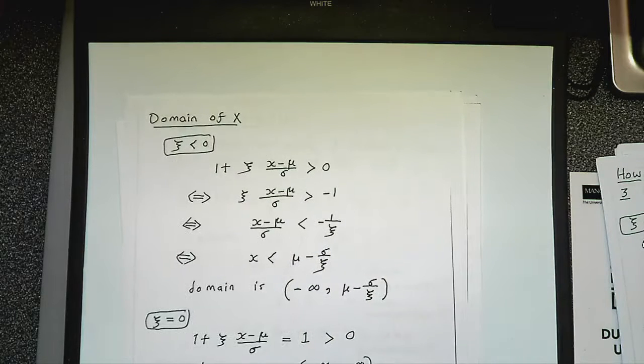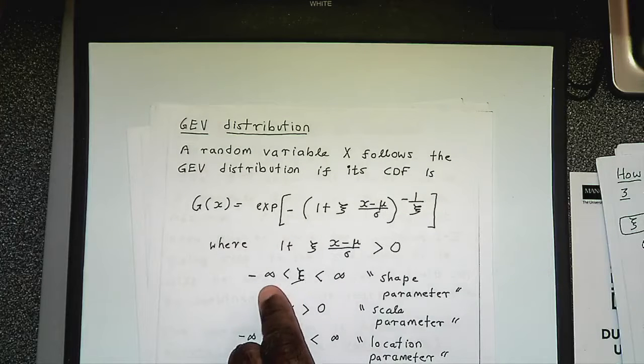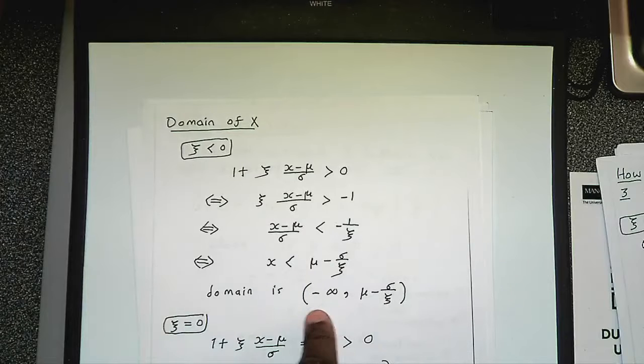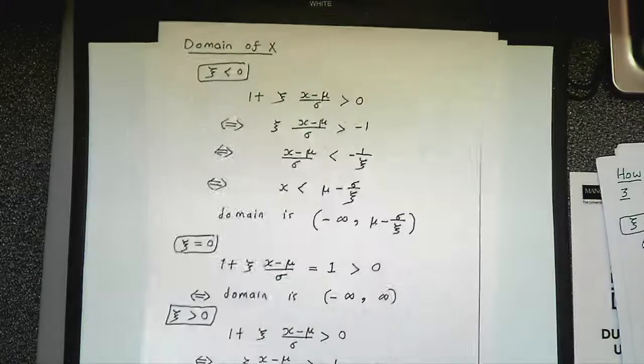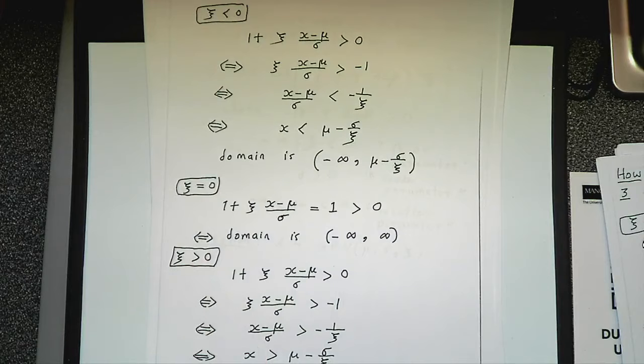The shape parameter psi can take any real number, minus to plus infinity. So if psi is positive, then the domain for x must be this. If psi is 0, the domain must be this. And if psi is negative, the domain of x must be this. I hope you followed this.